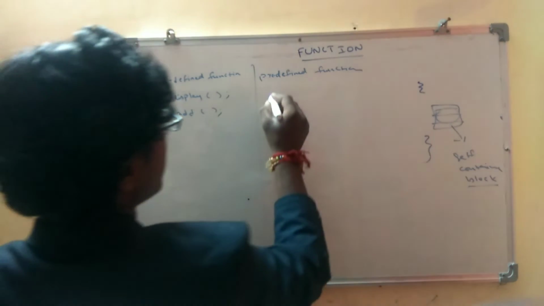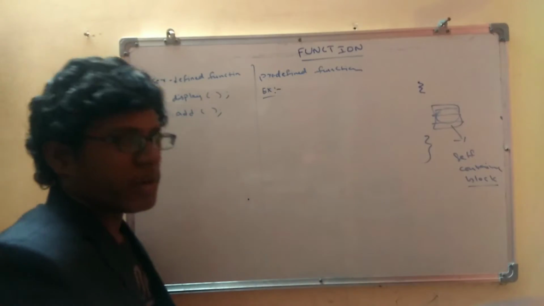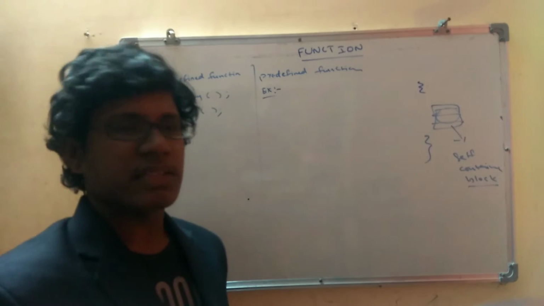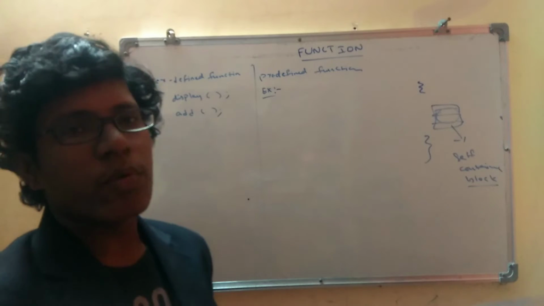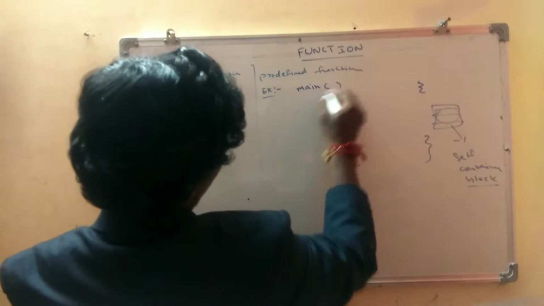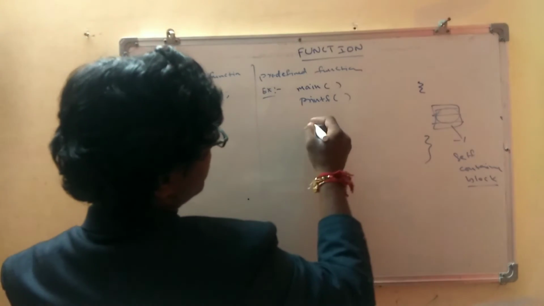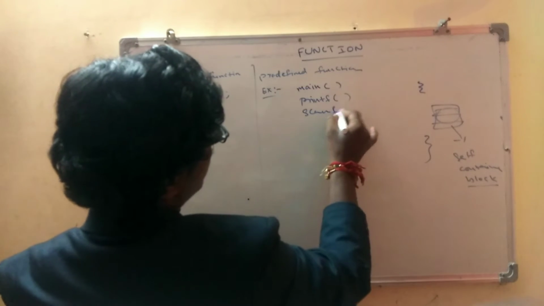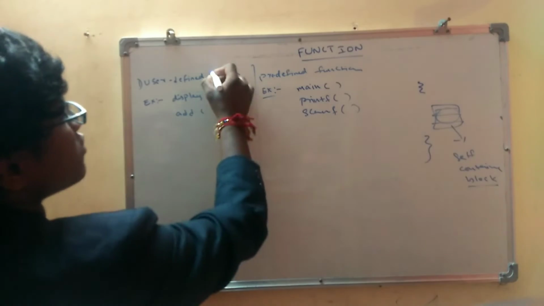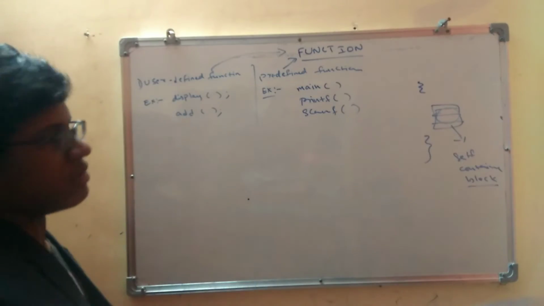And the predefined functions are the functions where we can't make any changes because they are inbuilt. For example, main is one of the predefined functions, and printf is also one of the predefined functions. Scanf, these all belong to the predefined functions. Anyhow, all are functions.